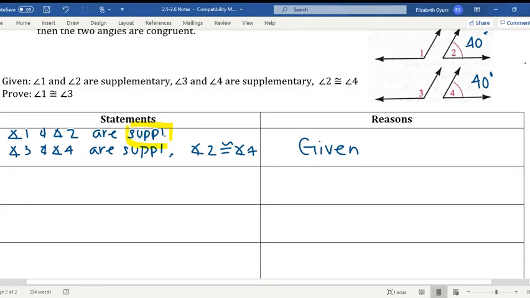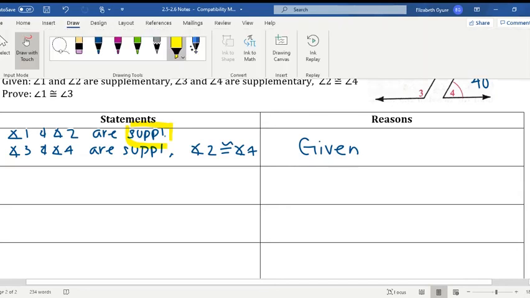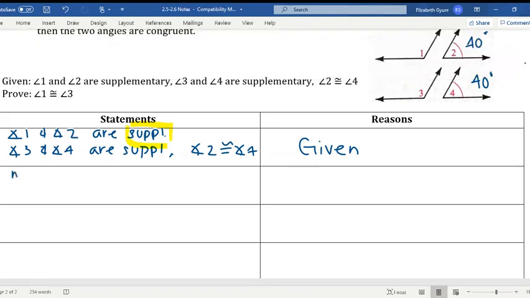Very good. Yeah, if they're supplementary, they're going to have a sum of 180, which means show me that in an equation, right? Good. So let's write that. The measure of angle 1 plus the measure of angle 2 equals 180. And then since it's the same reason, I'm going to do angle 3 and 4 in the same line. If you're writing this on your own and you don't want to put it in the same line, you don't have to.